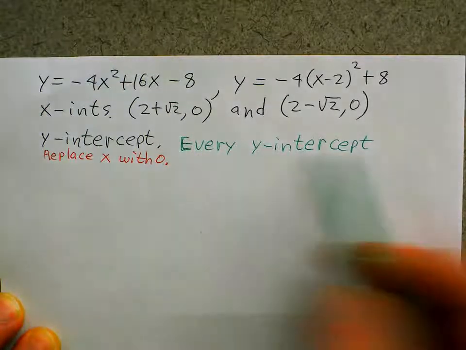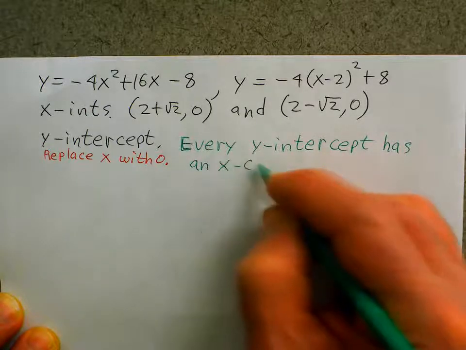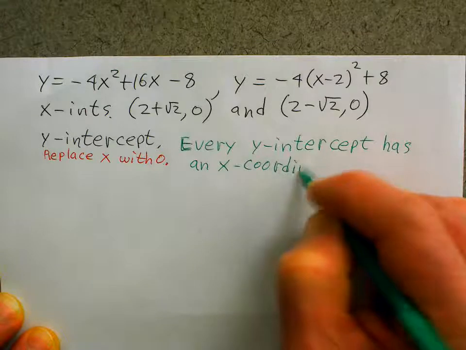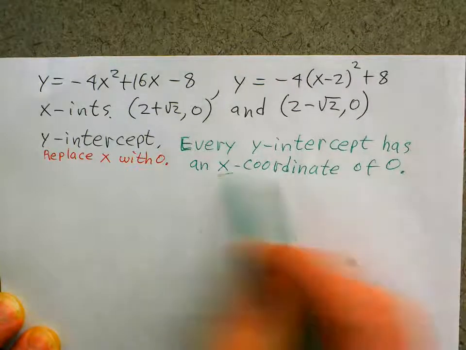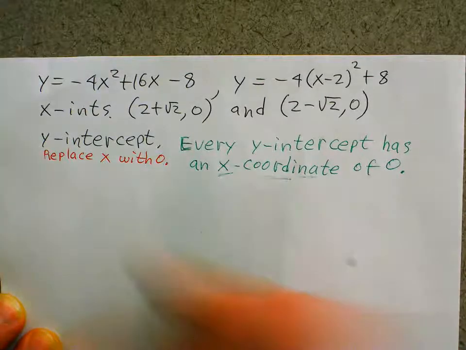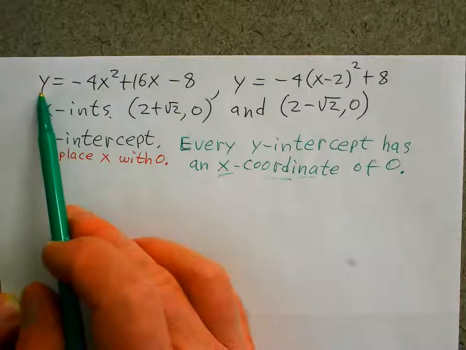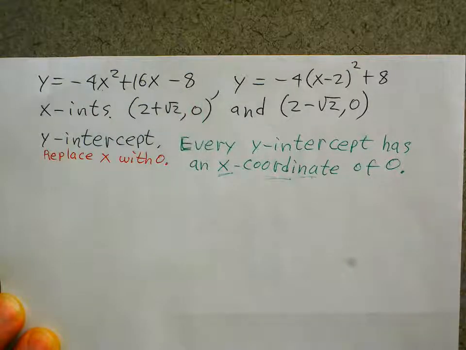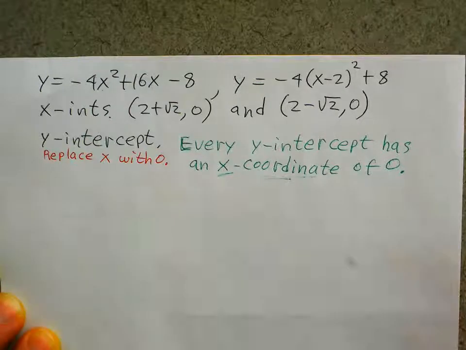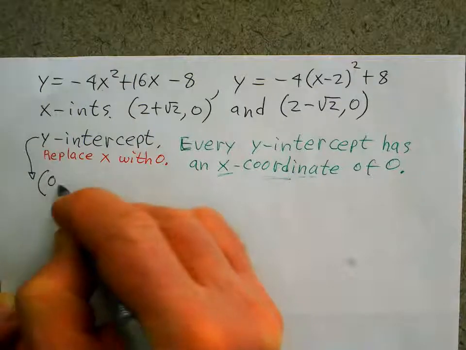So every y-intercept has an x coordinate of 0. So if the x coordinate is 0, then in the equation I just replace every x with 0, and what I'm left with is the y coordinate of the y-intercept. Okay, so the y-intercept is the ordered pair 0, negative 8.